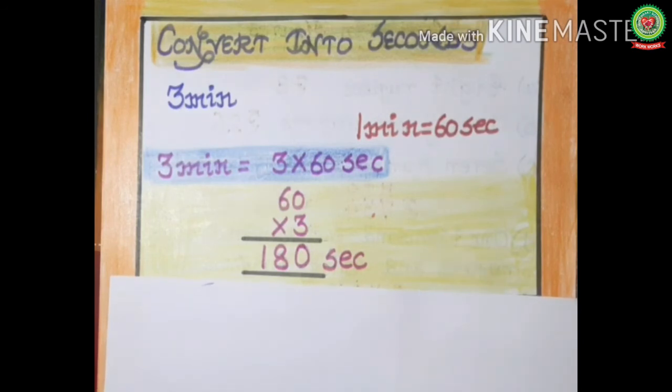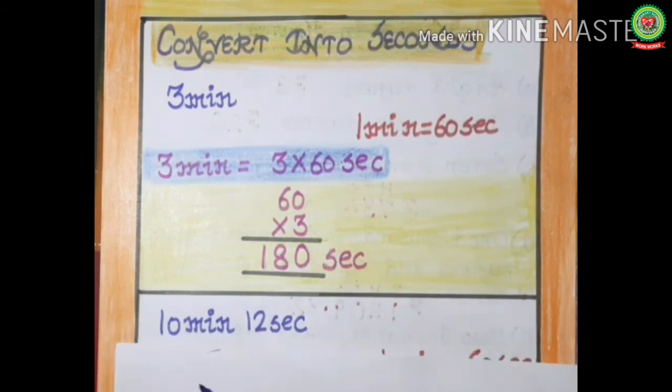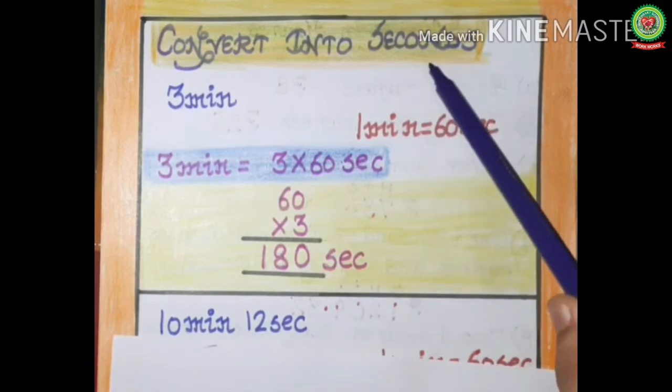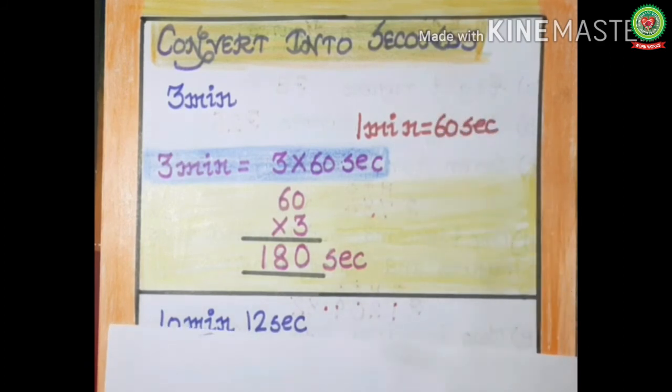Students, this means in 3 minutes there are 180 seconds. Now let's take one more example. 10 minutes 12 seconds. Now students, you can see there are 2 units, minutes and seconds, and we have to convert this complete number into seconds.